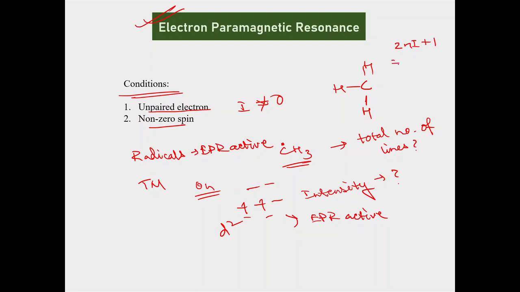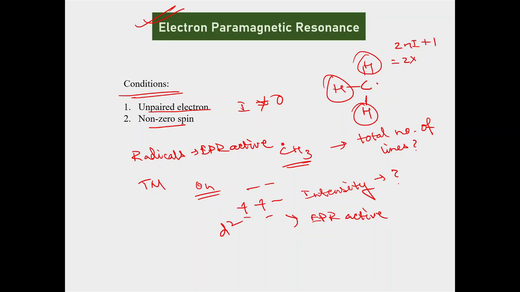Okay. So what is n? n is the number of hydrogens. This radical is on C and it is directly connected with 3 hydrogens.